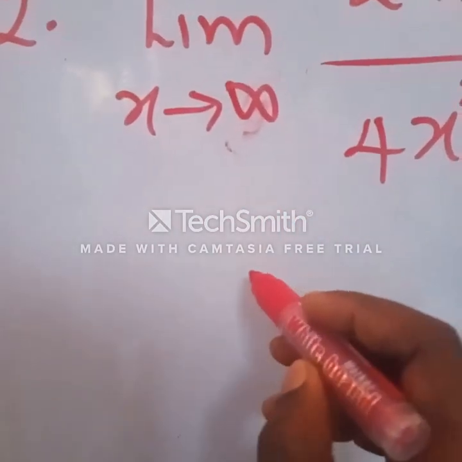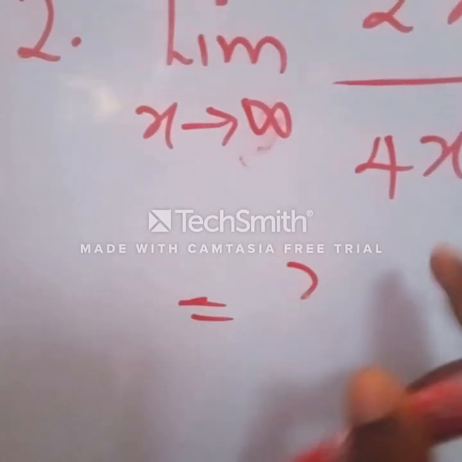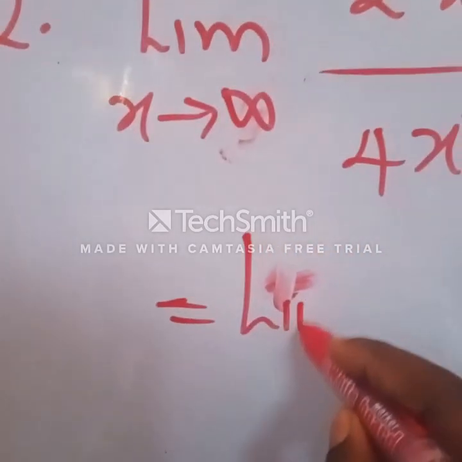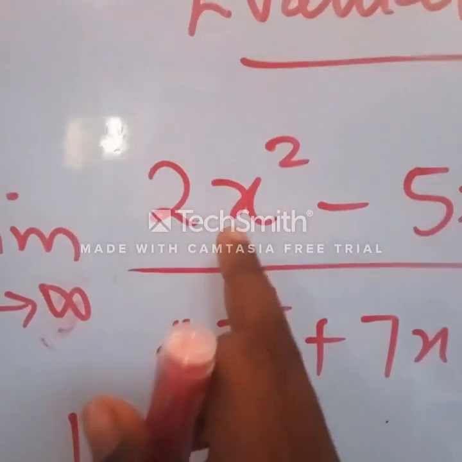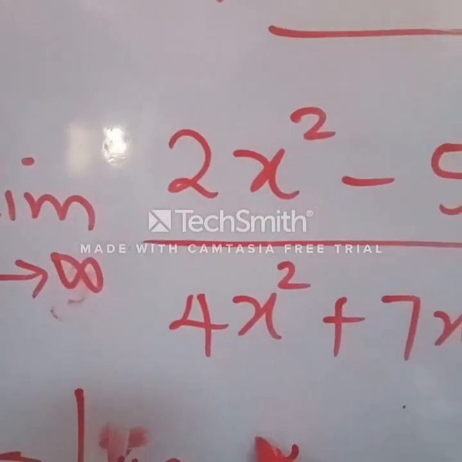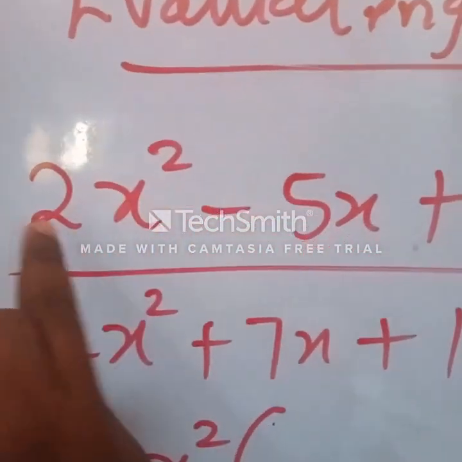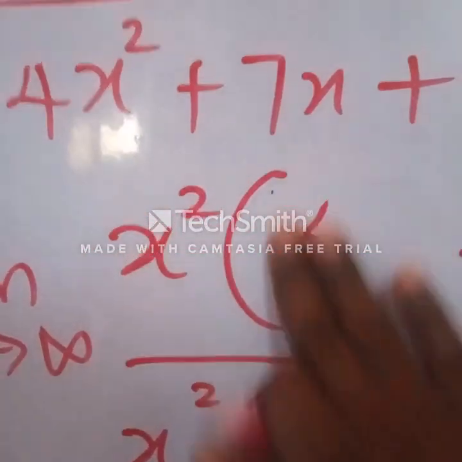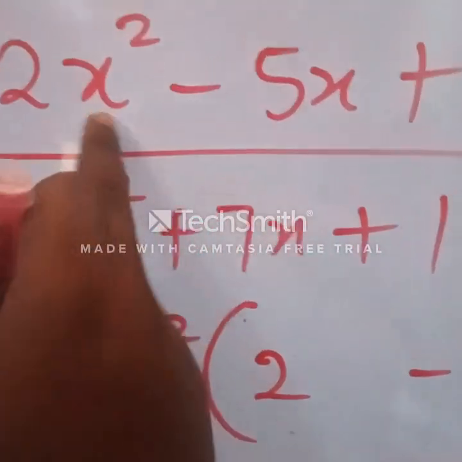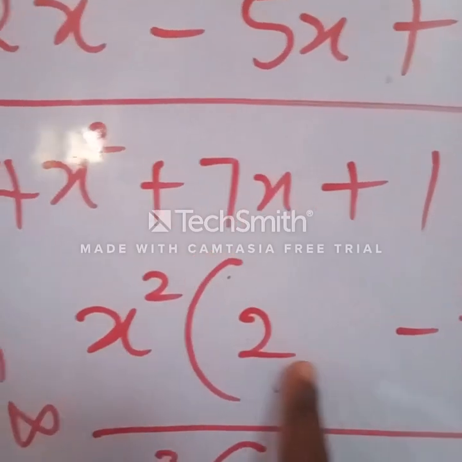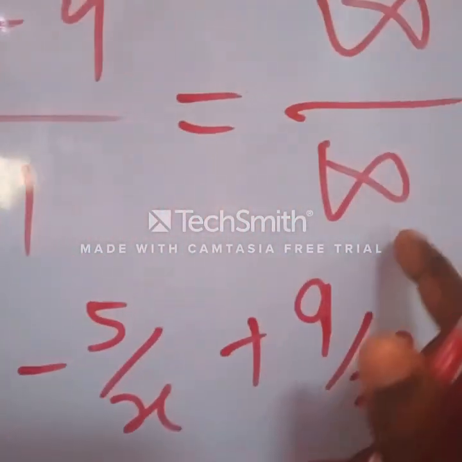So this will be equal to the limit as x tends to infinity. When we factor x squared out from the numerator, the remaining term here will be 2, this becomes 5 over x, and this becomes 9 over x squared.